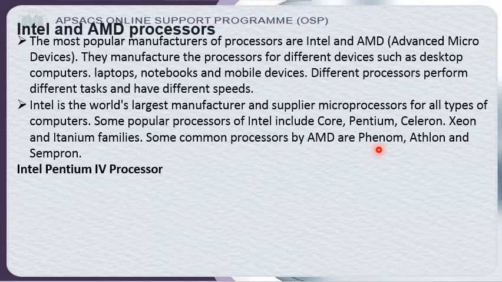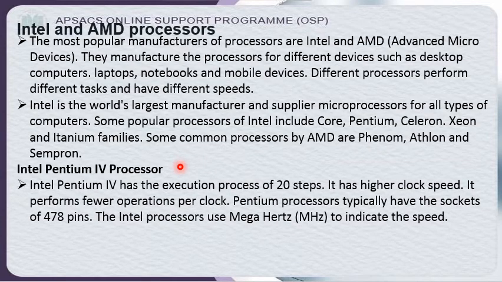Intel Pentium 4 processor. The Intel Pentium 4 processor has an execution pipeline of 20 steps. It has a higher clock speed. It performs fewer operations per clock. Pentium processors typically have a socket of 478 pins. So those Pentium 4 processors have 478 pins.